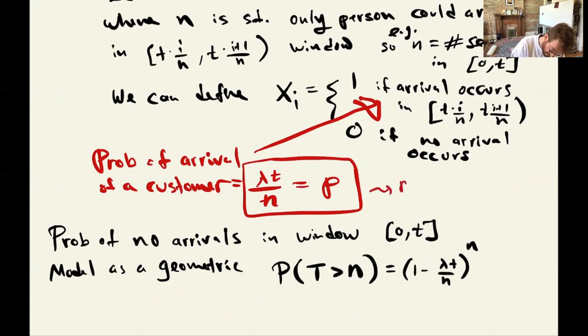So the probability of no arrivals equals 1 minus lambda t over n. All right, very good.